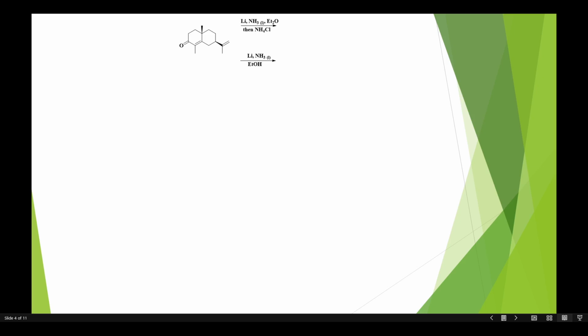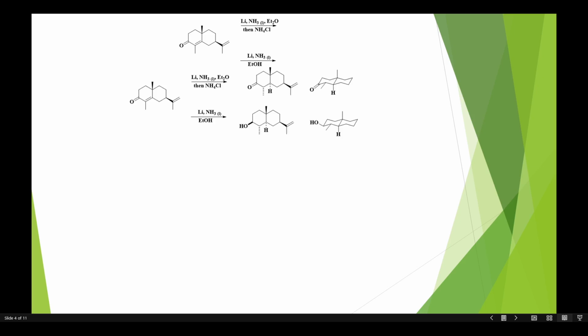Yeah, these are the products we'll get. In the first case, because we don't have a protic solvent for protonation, the reaction will stop at the keto stage. But when we have the protic solvent, further reaction will happen, and we'll get our final product. This is the condition you need.